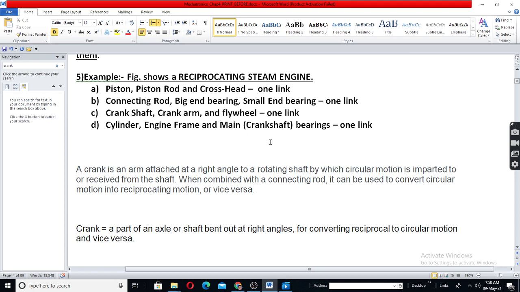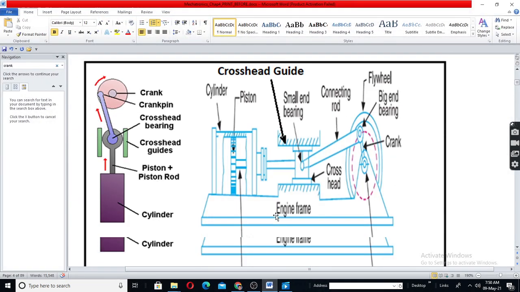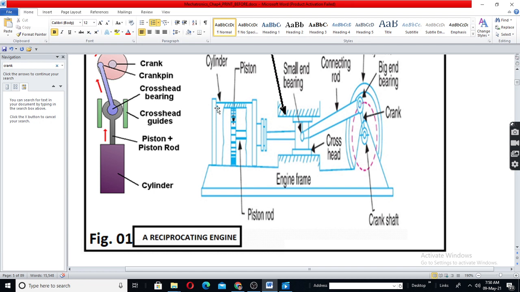Cylinder, engine frame, and main bearings. You can see here the cylinder and frame. This is the frame, and the main bearing means the crankshaft bearing. That also is fixed because the crankshaft's bearing, which is the outer part, will be fixed to the frame.